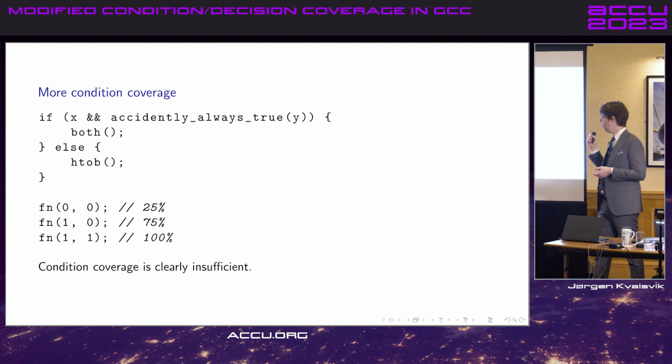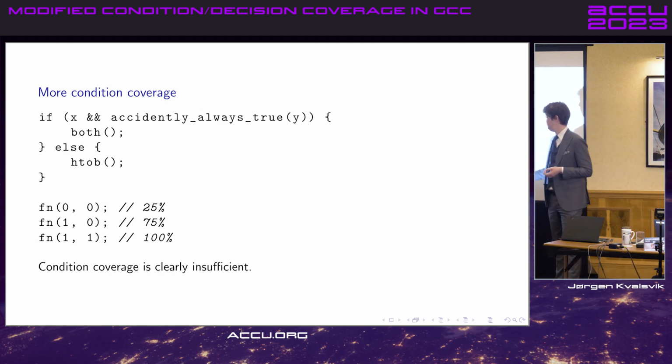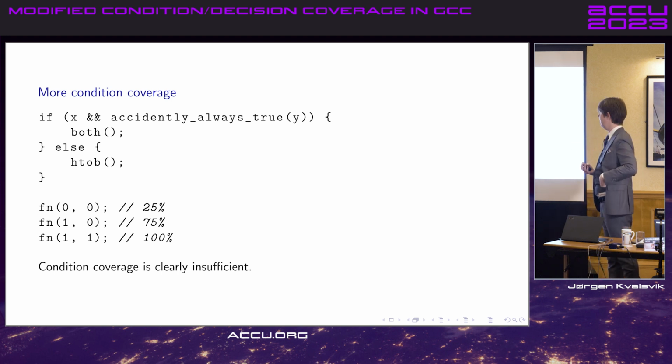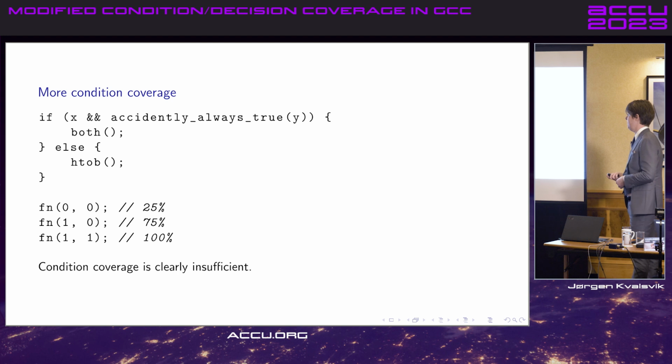So what we would like is to have these numbers here, 25, 75, and 100% coverage of these three inputs. But that's clearly not going to happen because you're never going to see y being false. And condition coverage is clearly insufficient to detect obvious failures.